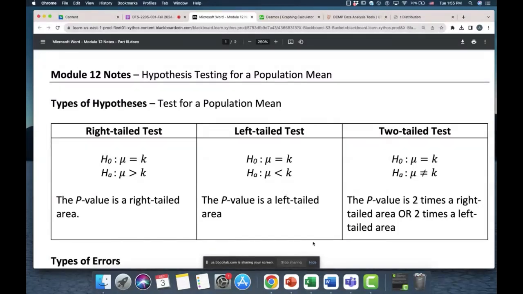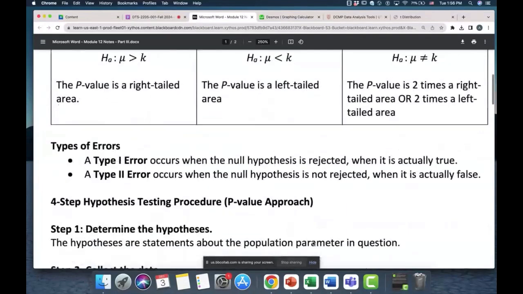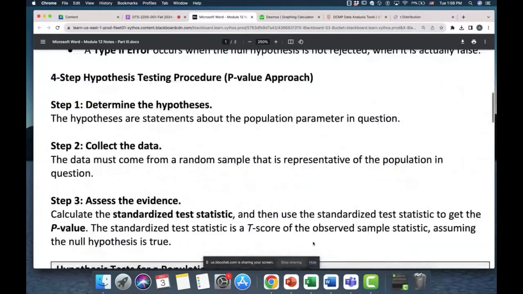Prior to this, the hypotheses were statements about a population proportion. And once you get your hypotheses based on the research question, you'll then identify the sample statistics. We're then going to calculate a t-score, and then we'll find the p-value and make a decision. So you guys can go through these steps in detail.